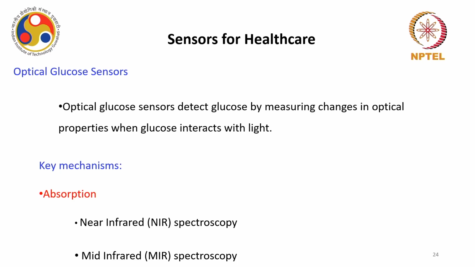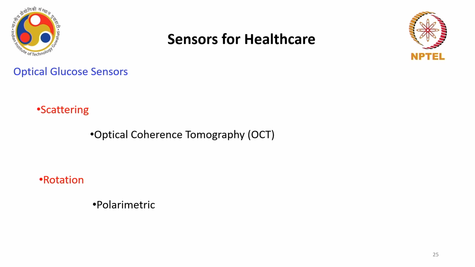Okay. So, say the key mechanism is, for example, the absorption. Okay. So, you have two different kinds of spectroscopy based glucose sensor. They are the near infrared spectroscopy, the NIR spectroscopy, as well as the MIR spectroscopy, which is the mid infrared spectroscopy. Okay. Based on scattering of light by glucose, you have optical coherence tomography, OCT.